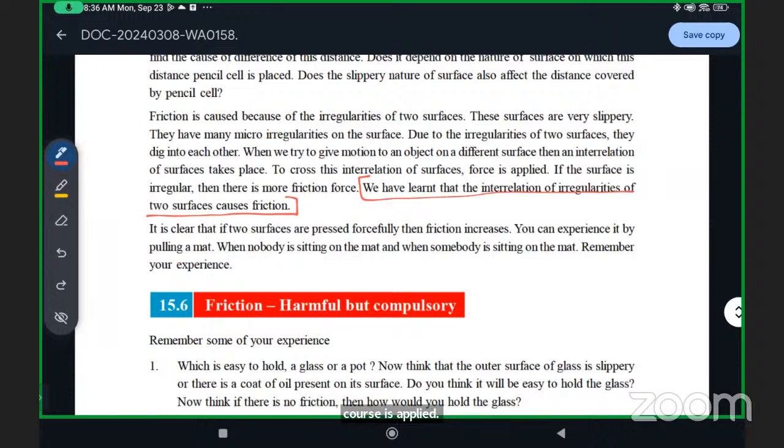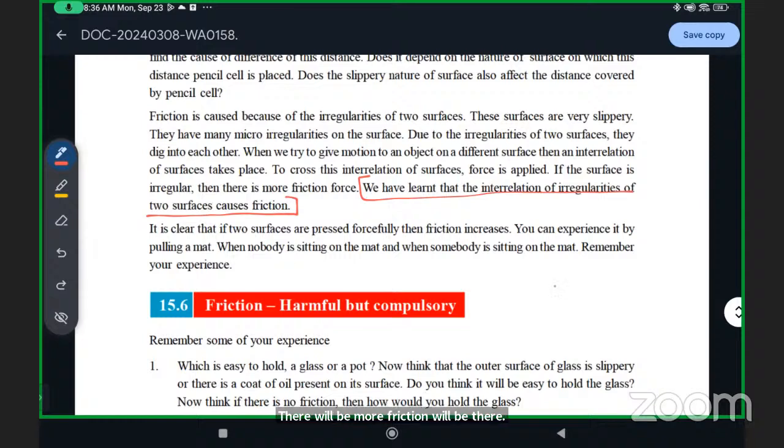Friction force is affected by the smoothness of the surfaces. If two irregular surfaces are there, then there will be more friction force.